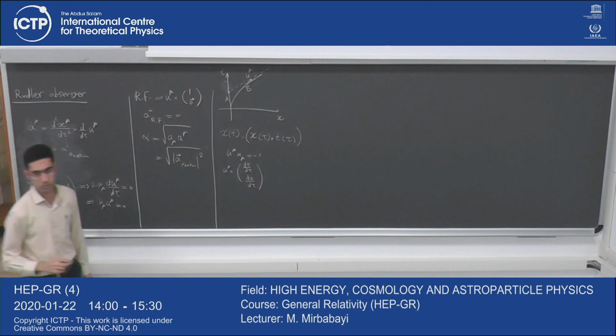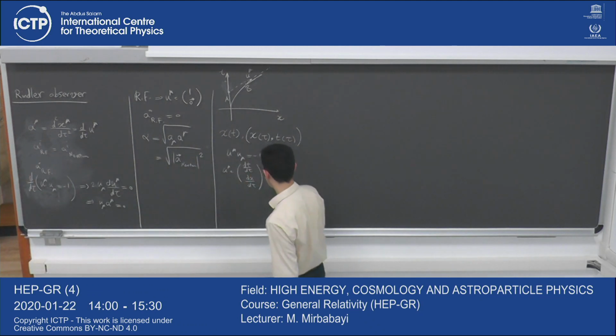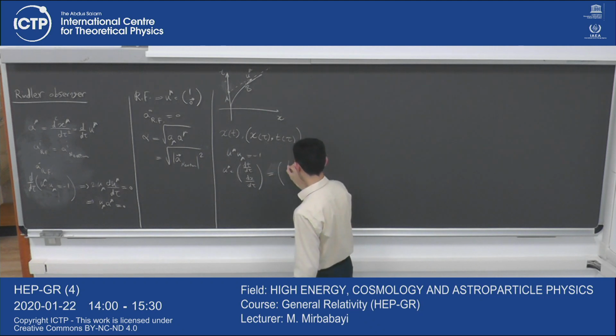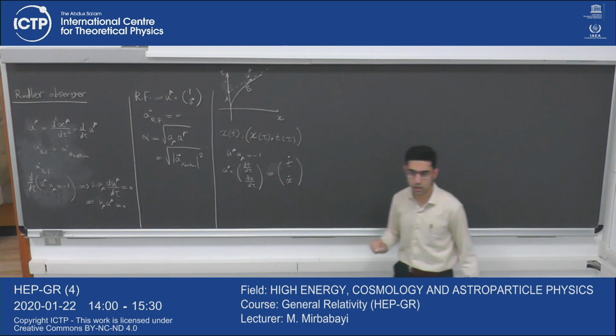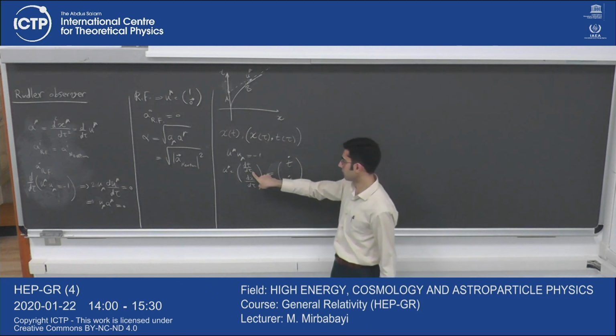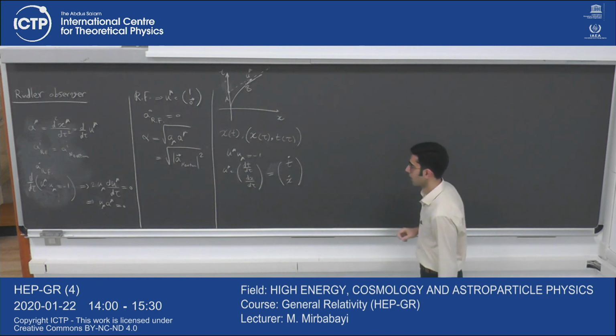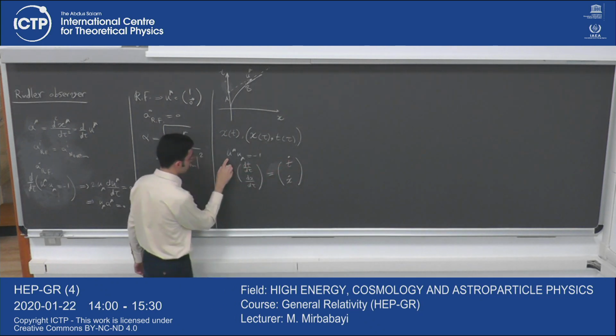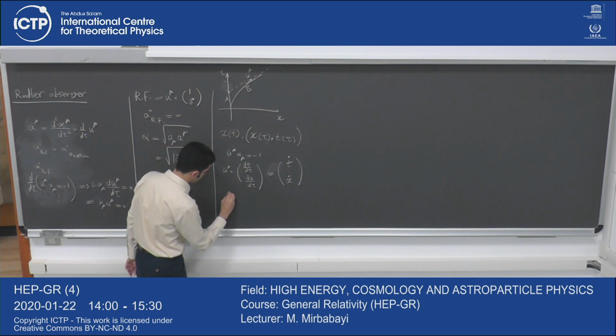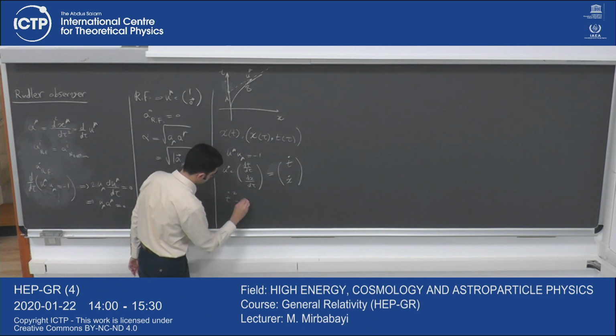It's a two-vector, and then this inner product becomes, and I use dots here just for brevity, t dot and x dot. Dot means derivative with respect to the proper time. So then this equation becomes t dot squared minus x dot squared is equal to 1.